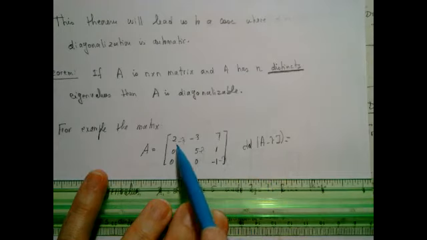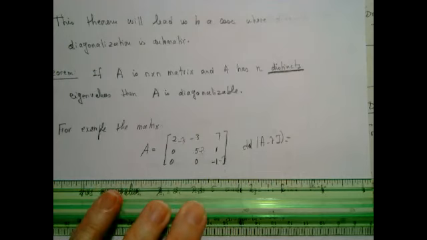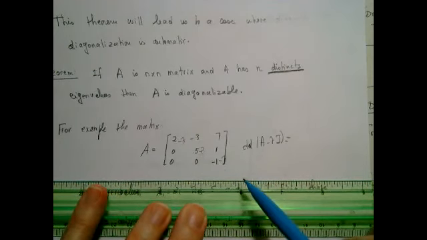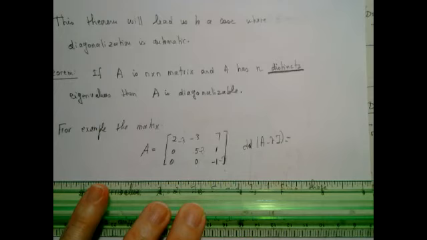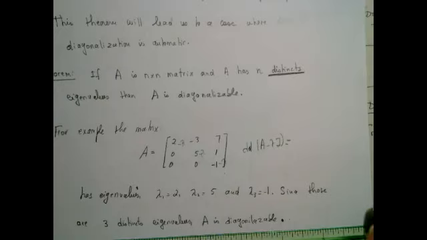So this one will give me 2, 5, minus 1. So this matrix automatically will be diagonalizable because it has 3 distinct eigenvalues. But if you want to diagonalize it, we have to go through the whole process. It means we have to find the eigenvectors that correspond to 2, 5, and minus 1, and then we can diagonalize after.